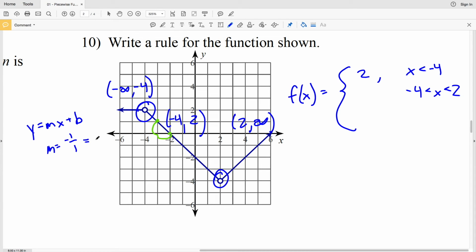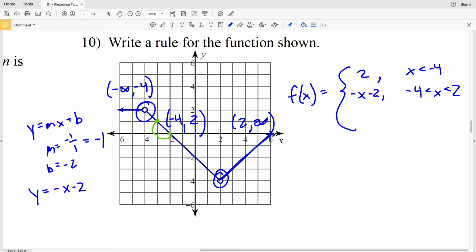So that simplifies to -1. And our y-intercept b is -2. So our equation is y equals -x minus 2. So for values between -4 and 2, where -4 is less than x, which is less than 2, our equation for our function is -x minus 2.